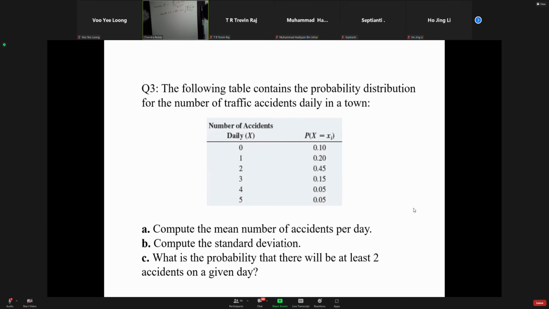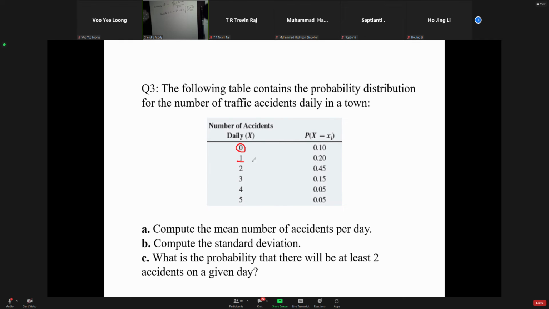Read the question, try to understand what data is given, and try to answer the questions. The table contains the probability distribution of the number of traffic accidents daily in a town. Zero accidents, the probability is 0.1.